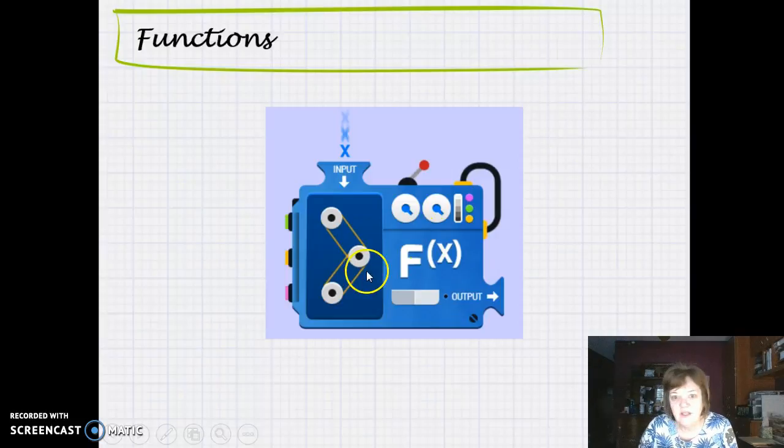Something happens to it, and we're going to talk about equations and putting in an x value, and then we get an output, a y value, or it could be anything, any letters, but for now we're going to talk about f of x, and f of x is actually our output, or y. You'll see what I mean in a few minutes, but y would be our output, and we're going to just plug stuff in, and it's going to chug, chug, chug, and plop it out. That's it. It's really not hard, so don't panic, okay?